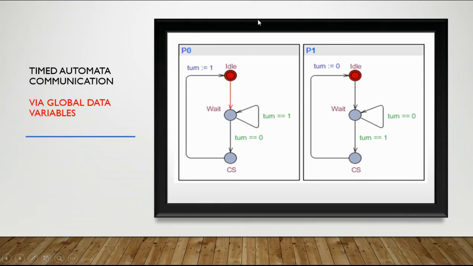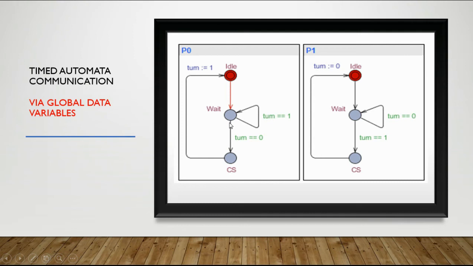As we see, we now have two timed automata, which are different: the first timed automata, or process, and the second process, using one global variable. We declare this variable as global, so they share it, and they can check it.